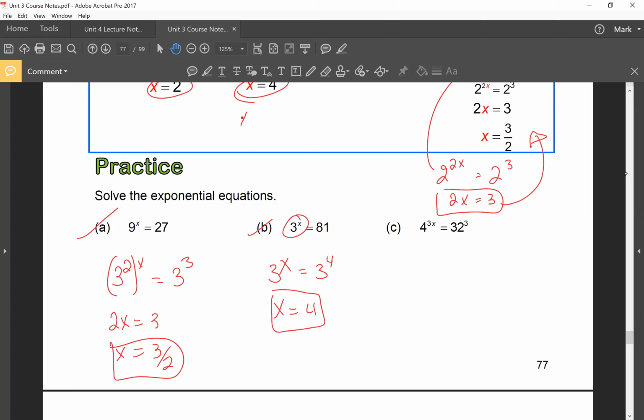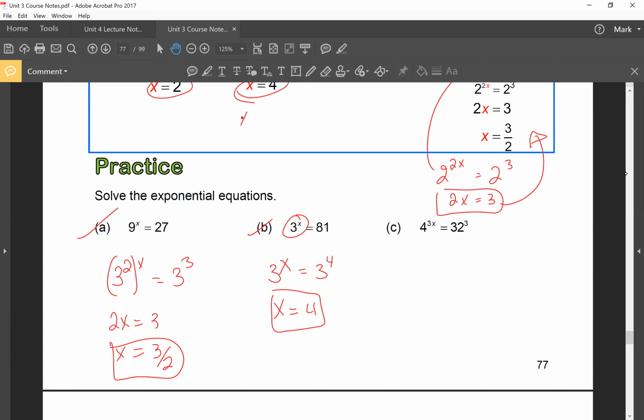Okay, this one. I have 4 and I have 32. You can check this if you want: 4 squared is 16, 4 cubed is 64. You're never going to get 32 to work, so 4 is not going to work.